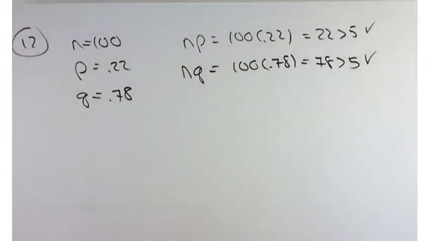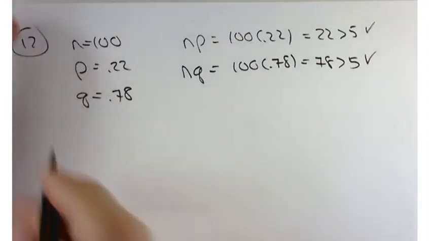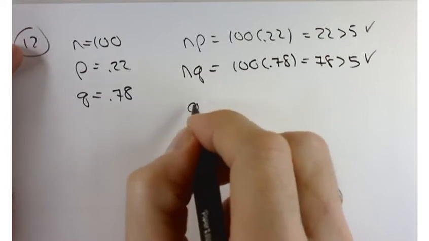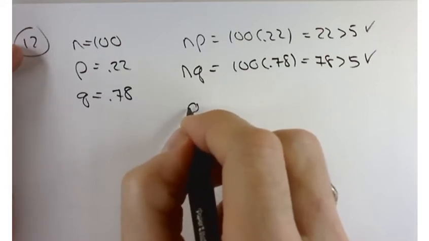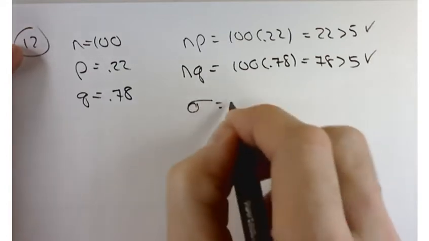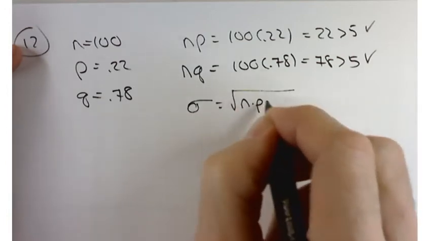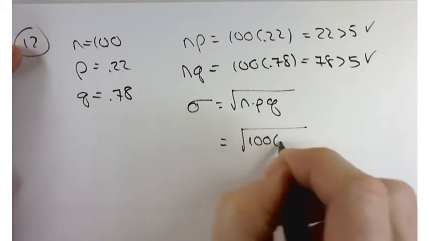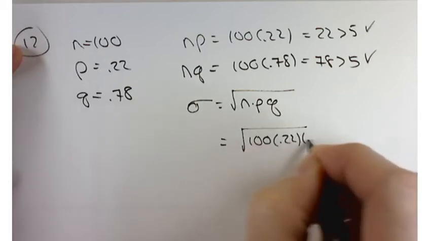So our assumptions check. We next need the standard deviation here. So what's the standard deviation going to equal? So sigma equals the square root of n times p times q. Square root of 100 times 0.22 times 0.78.